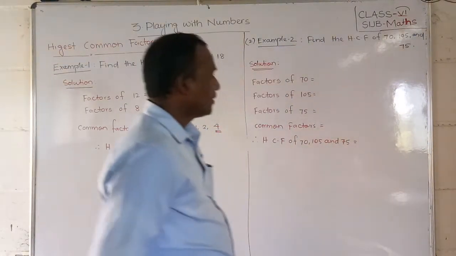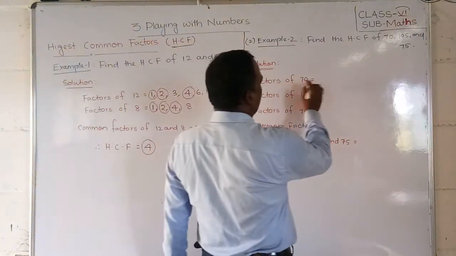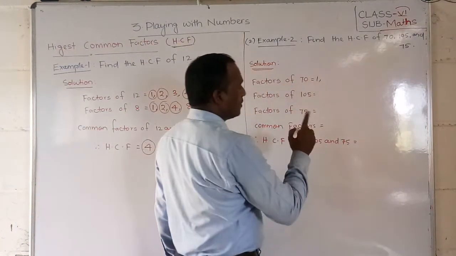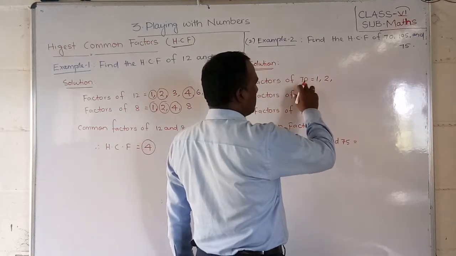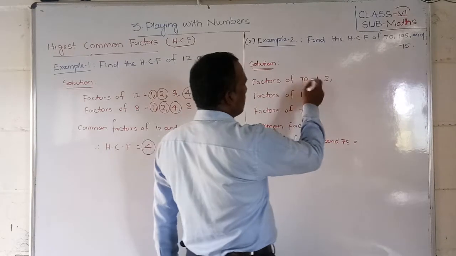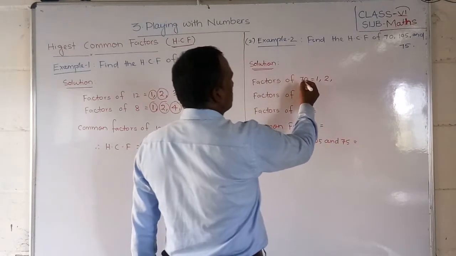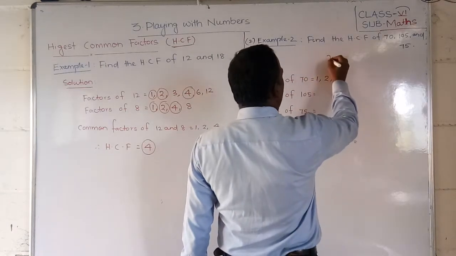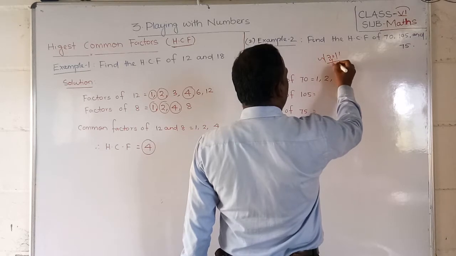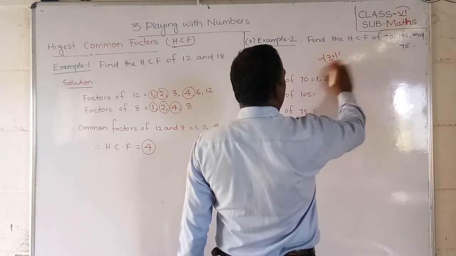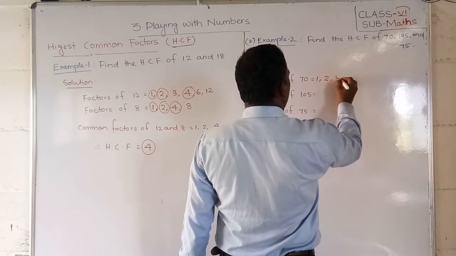Same as before, with three numbers, first find the factors. Factors of 70: 1 first. 2 is divisible: 2 times 35. 3 you have to check, not possible. 4 check: 4 times is 30, it won't be divisible, so 4 won't be. 5 is divisible because 0 is there at the end.